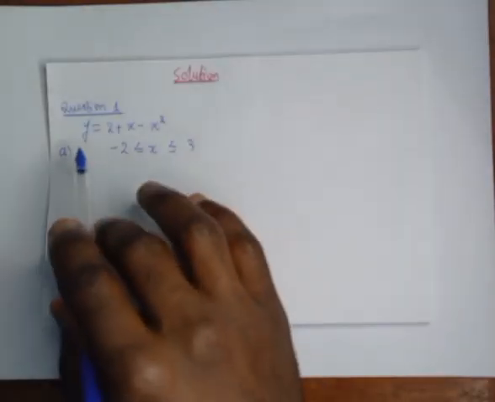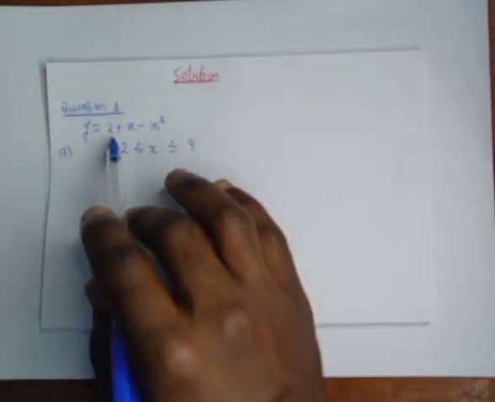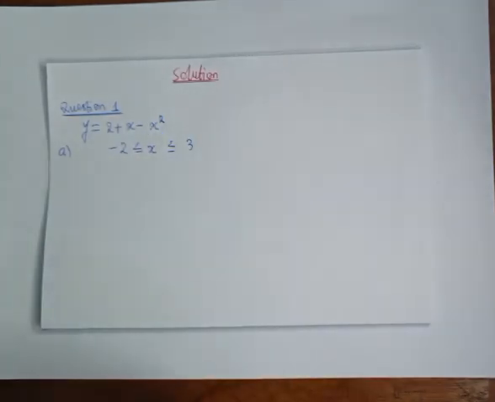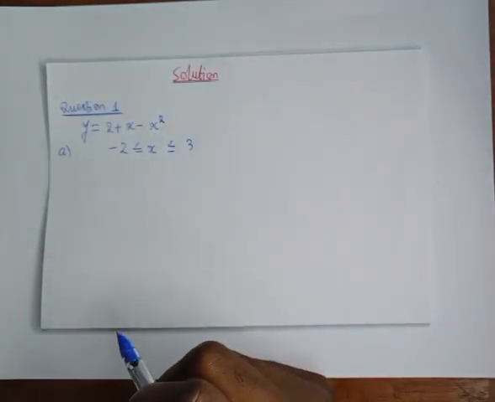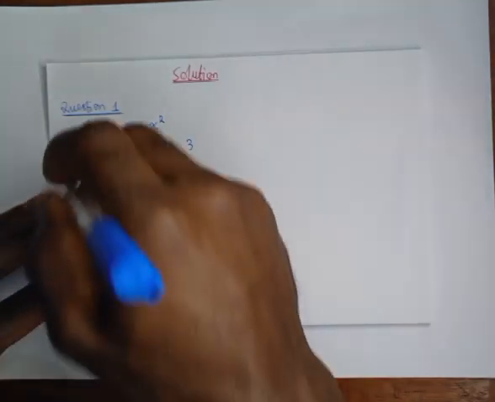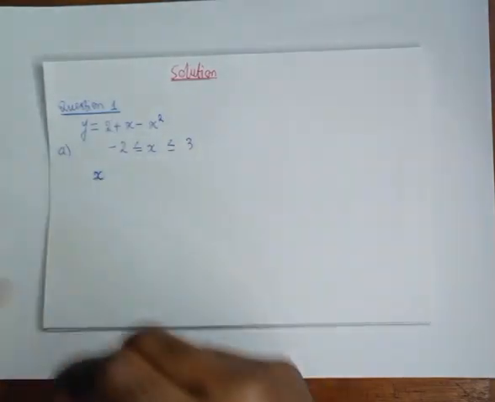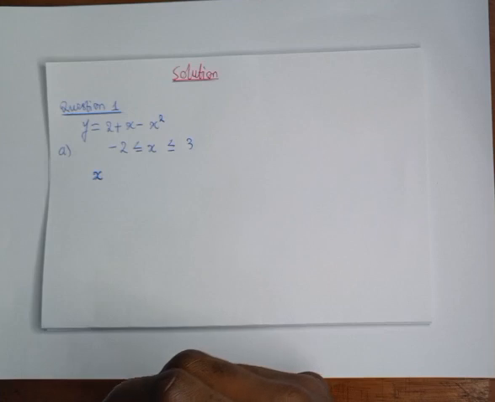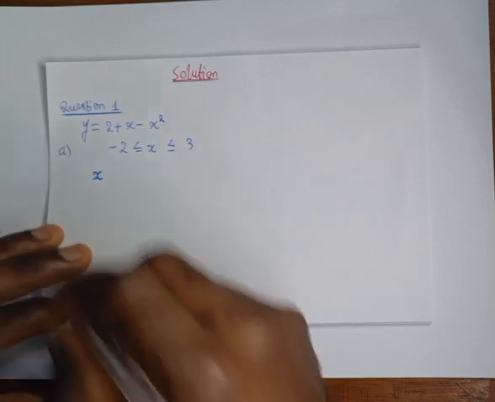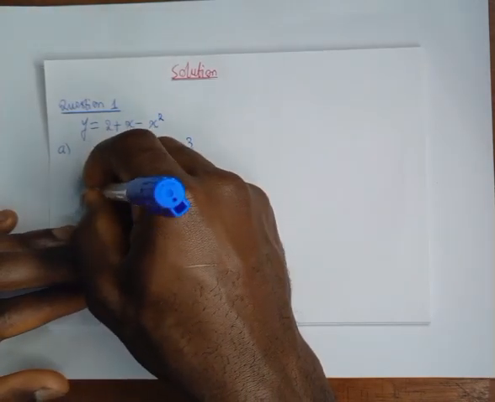Let's construct the table of values. We know y is equal to 2 plus x minus x squared. So we need a table of values. The first row will carry values for x. The second row will carry values for x squared.